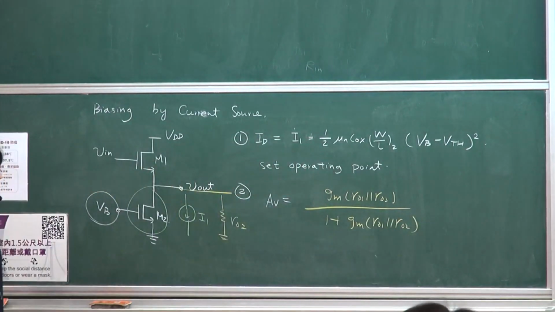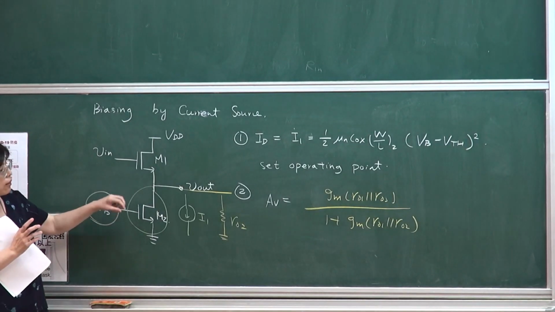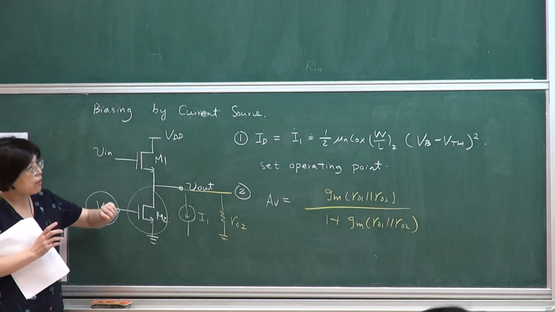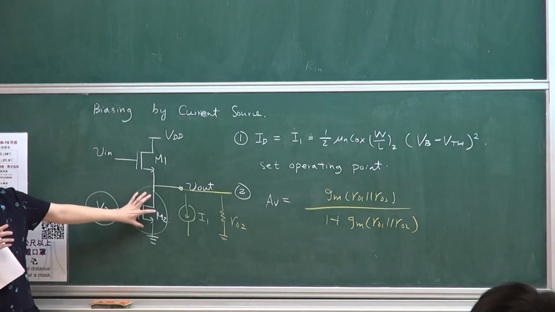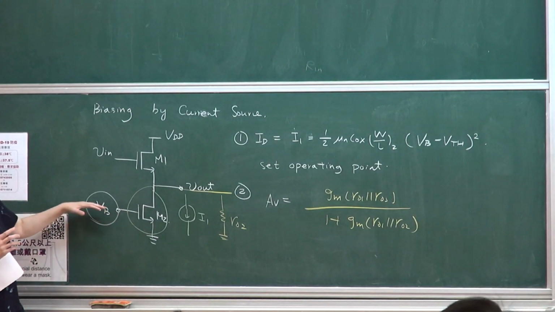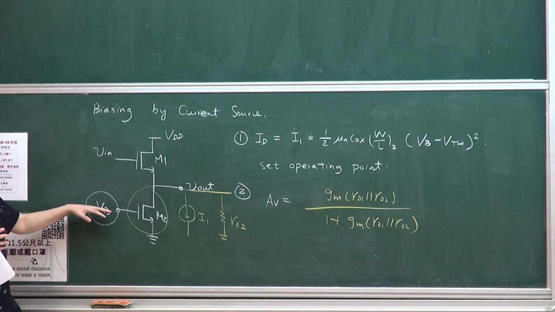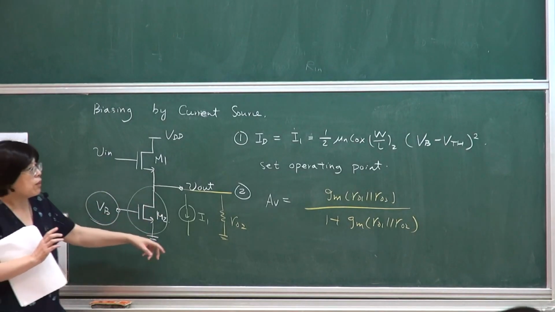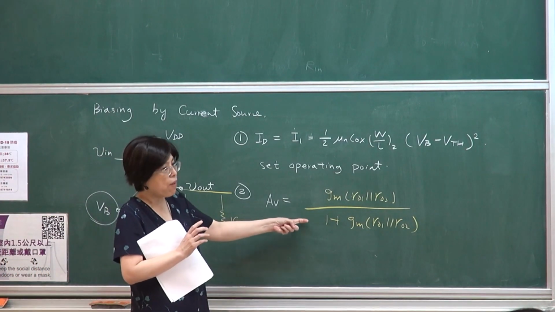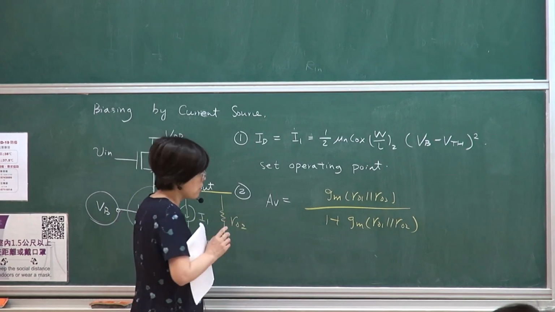As you can see, the benefit of doing this design is that I have my operating point set independently by this current source, typically by setting your biasing voltage level, so you can set your current level. And the other thing is that you can then provide your output resistance.